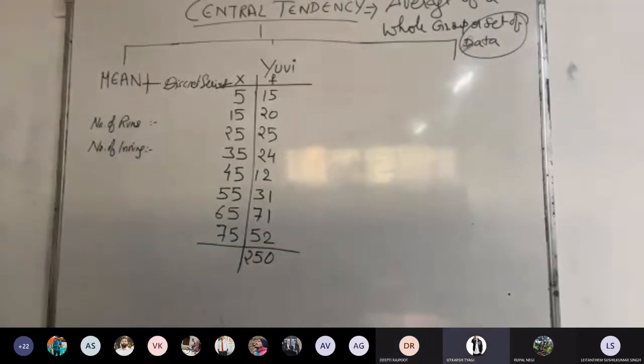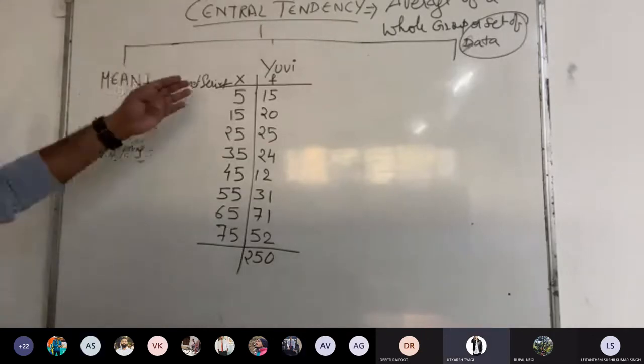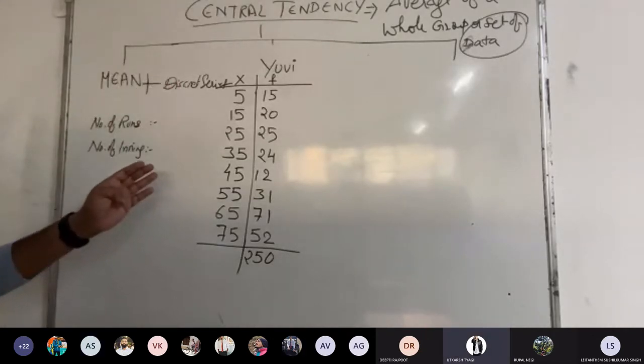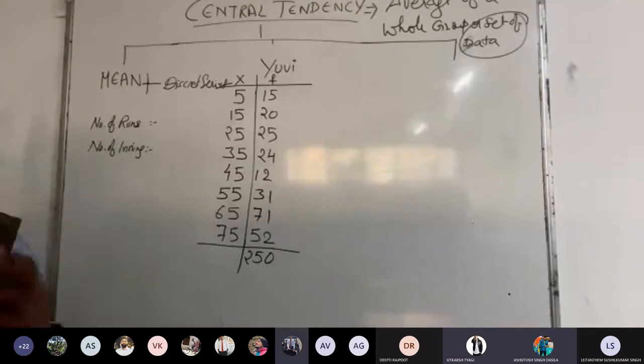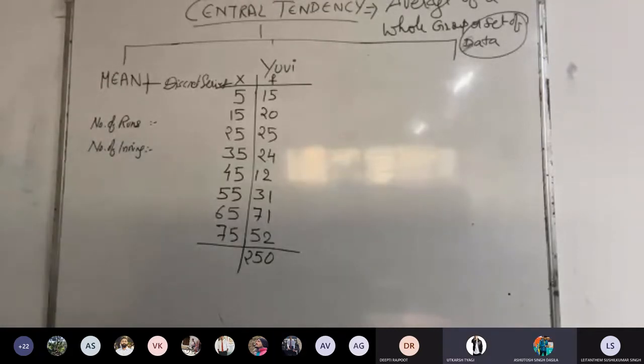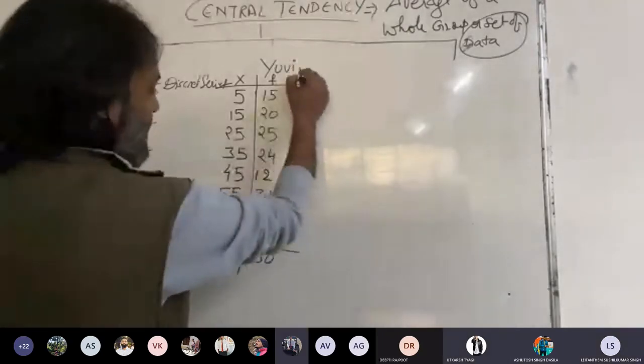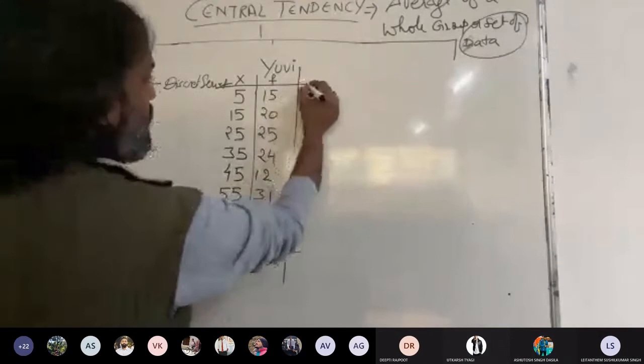UV played 250 innings, and how many runs did he score? 320 runs? My goodness! Is it possible he scored only 320 runs? No, sir, 12,600. Yes, this is what you need to understand.